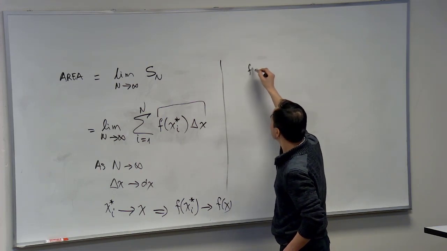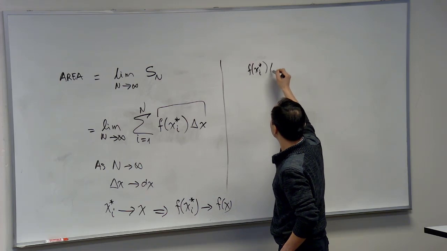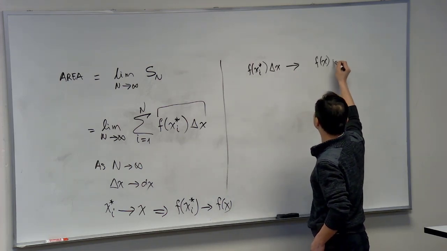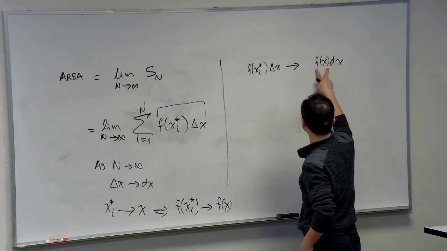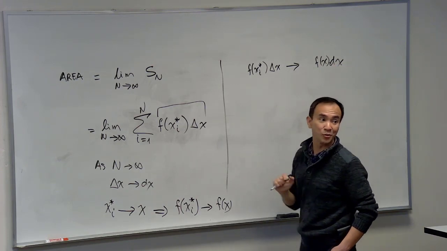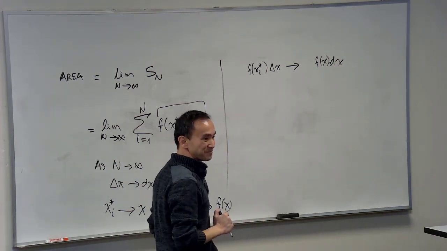The function at the sample points multiplied with delta x generally becomes just simply f of x dx. So really it means the function's height multiplied with the infinitesimally small change in x, the differential of x.